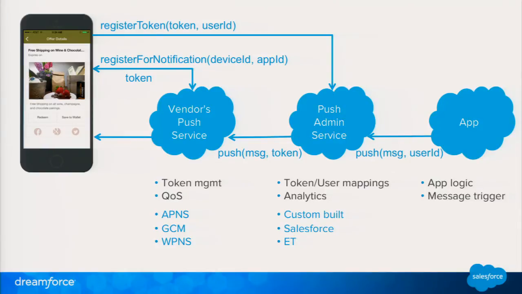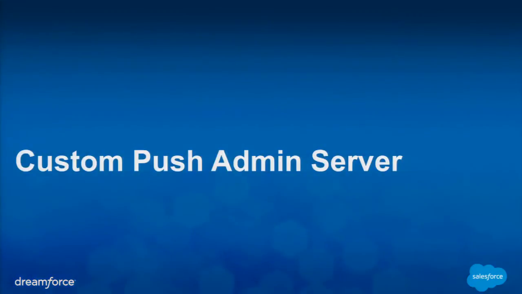We will see that in a second. And you can also use ExactTarget as your push admin service. And so what we will do in the rest of this presentation is cover these three different approaches and test it and write some code and see the difference when you use these three different services.